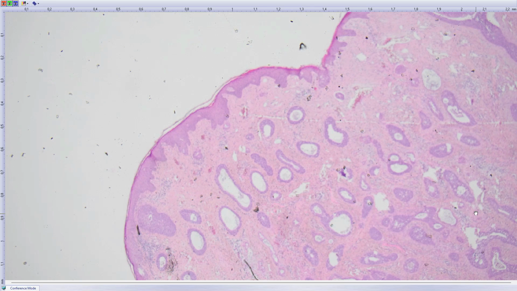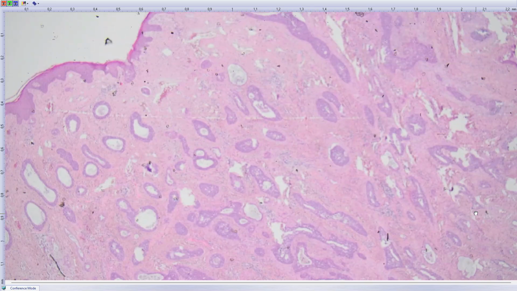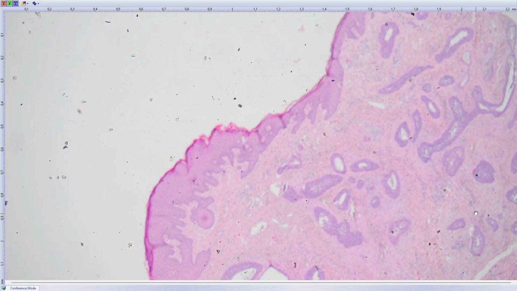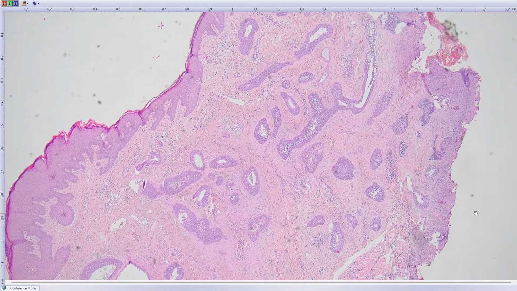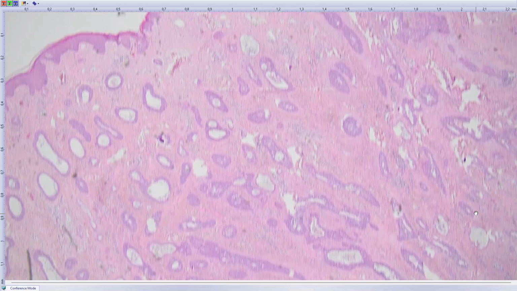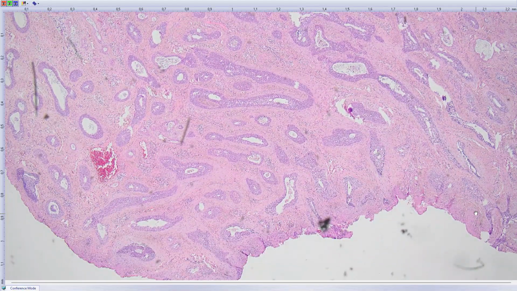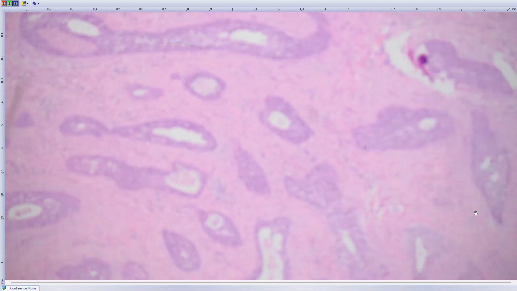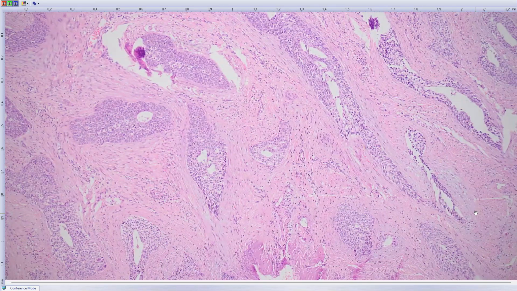This is a tumor of an older woman of perianal region as well. And you see it's an invasive lesion.